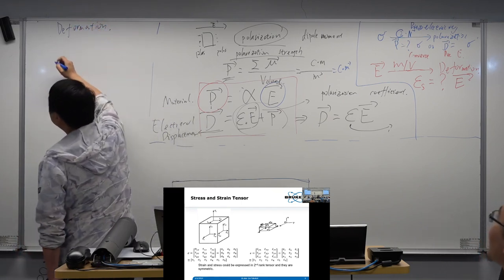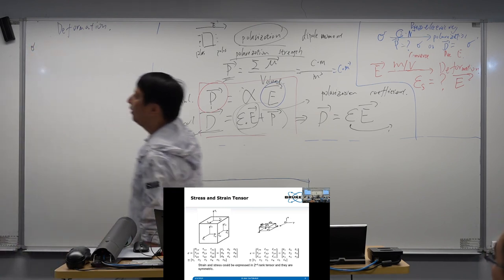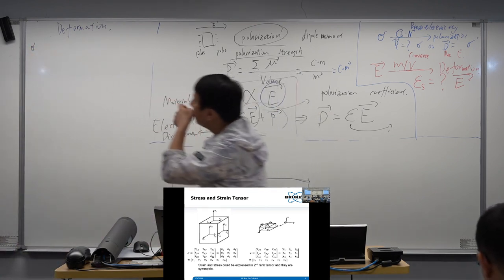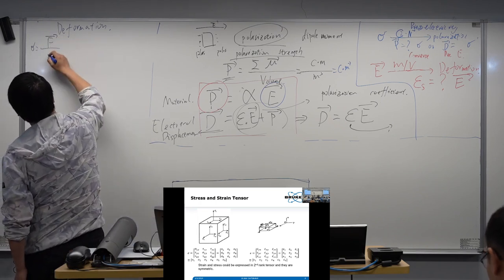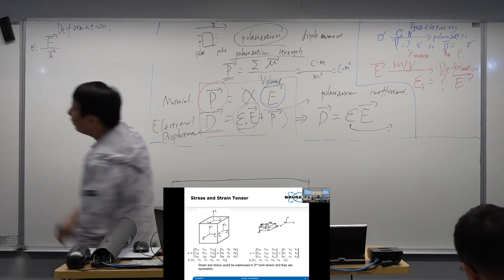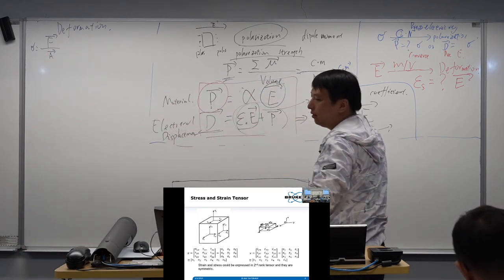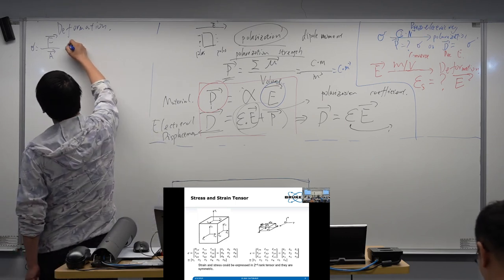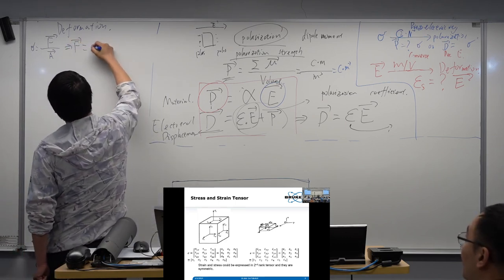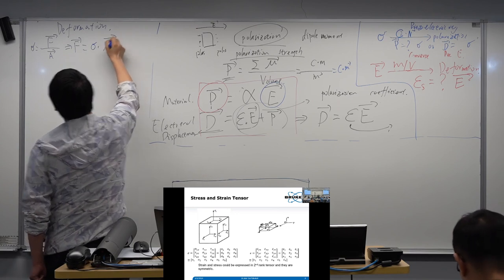So we go from the sigma first. So the sigma is the F over A. So that's the easiest way to describe it. So we can say the F is sigma times A.